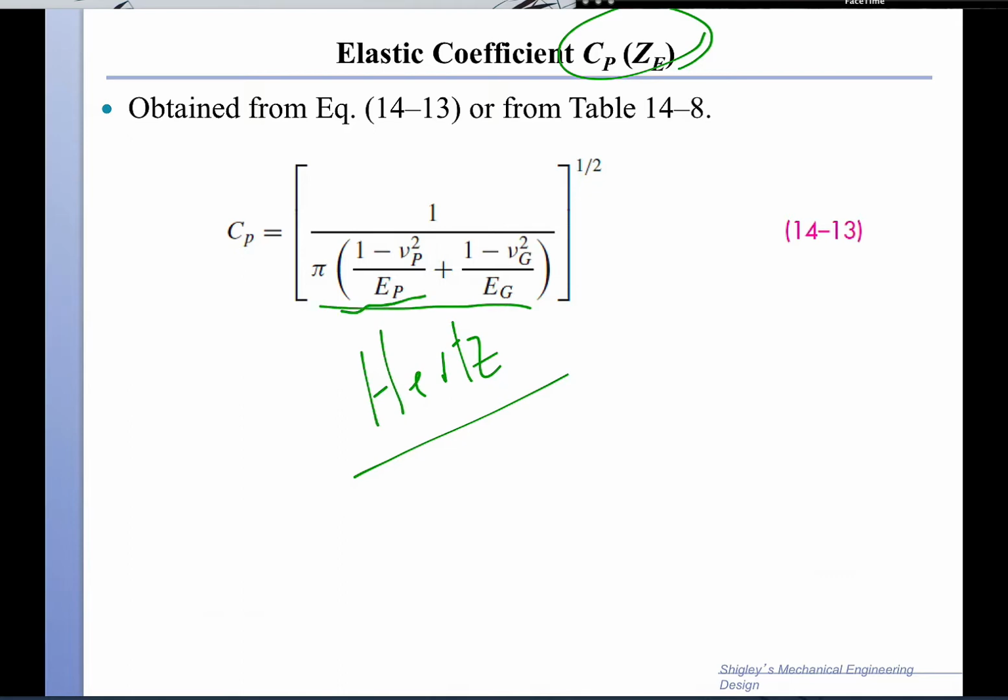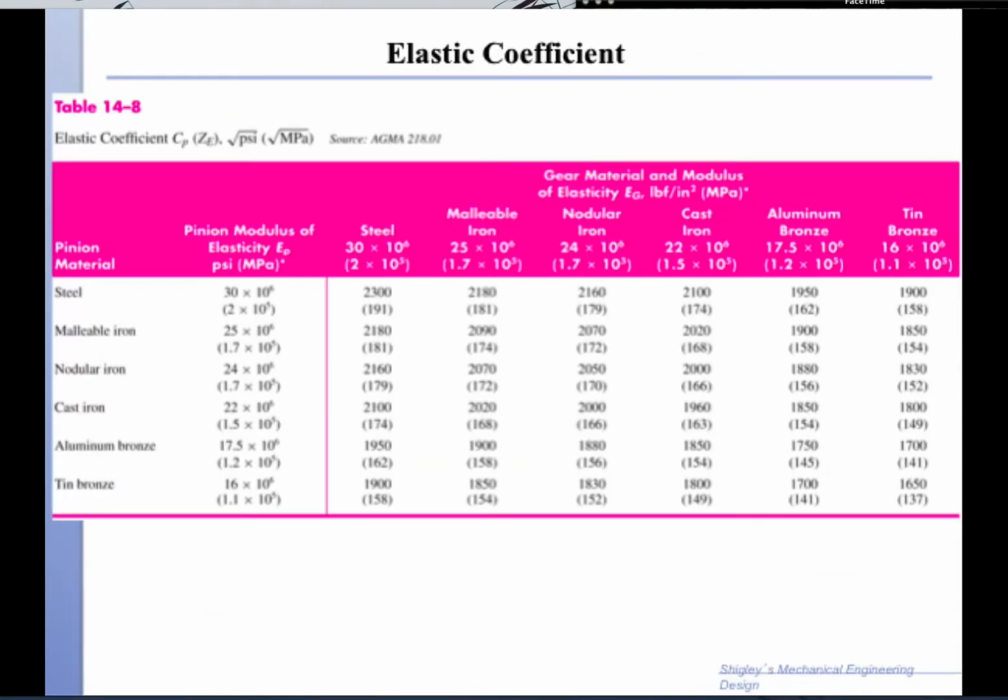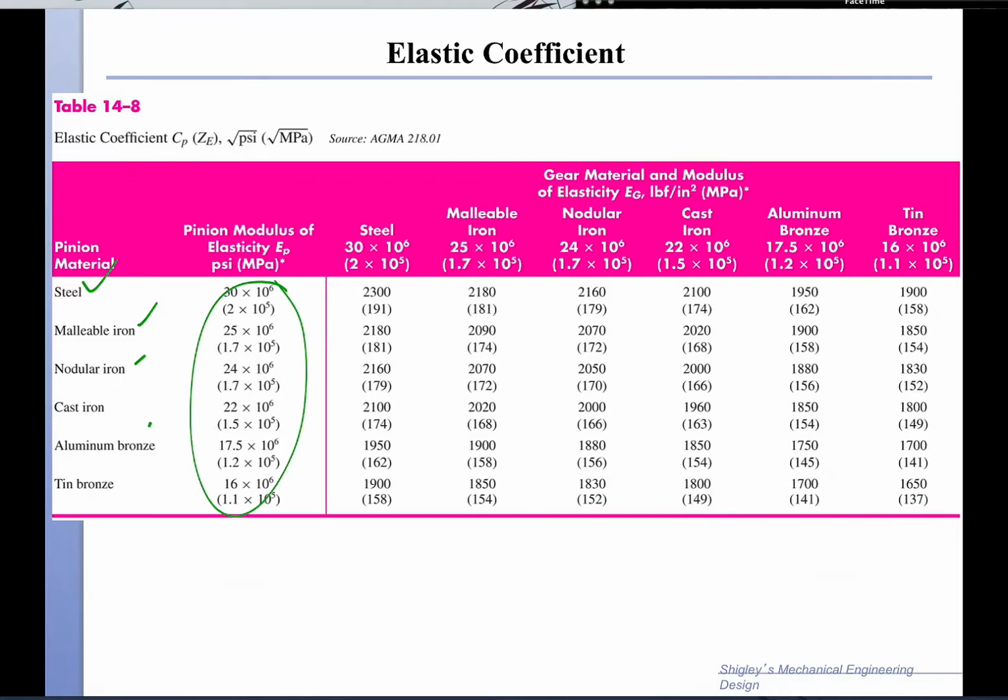So you can see that the elastic modulus of the gear and the pinion and the Poisson's ratios are given here. And that is very simple to calculate. If one doesn't want to calculate it and you know the material directly with the elastic modulus, then you can find it directly from here.